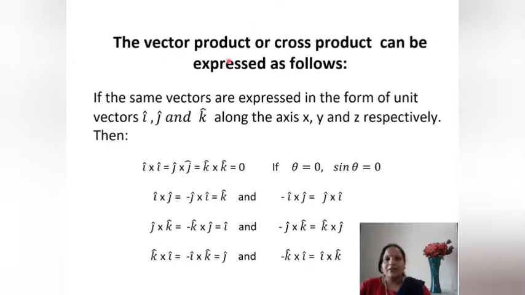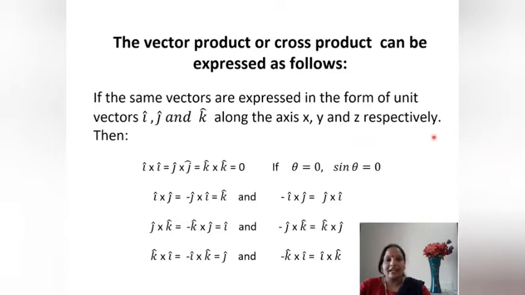The vector product or cross product can be expressed as follows. The same vectors are expressed in the form of unit vectors i cap, j cap and k cap, which are the unit vectors along the x-axis, y-axis and z-axis respectively.